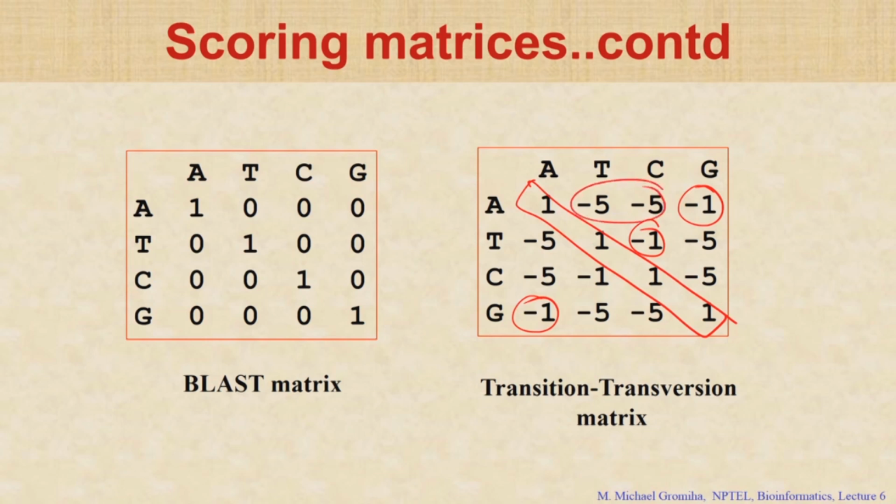If you make this score, what will happen in the alignment? Mostly those alignments will be preferred where purine goes to purine. So, either they try to match, or if they mutate, they try to make the similar type of nucleotide. They avoid the other way around, but in some instances we cannot avoid it, in which case we use it but give a lower score, minus 5. Okay, this is for the nucleotides.